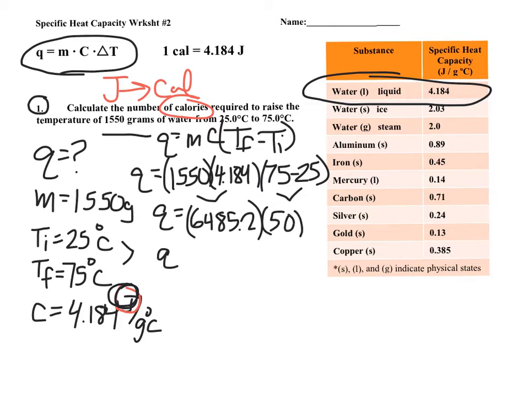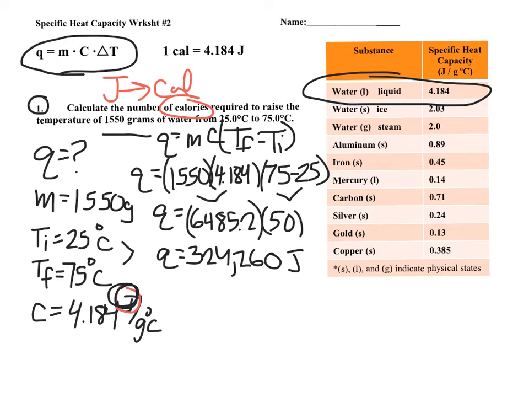Now I'm going to multiply those two together, and I do get a fairly large number: 324,260 joules of energy. Now that sounds like a lot, but you have about 1.5 kilograms of water, so you have quite a bit of water.